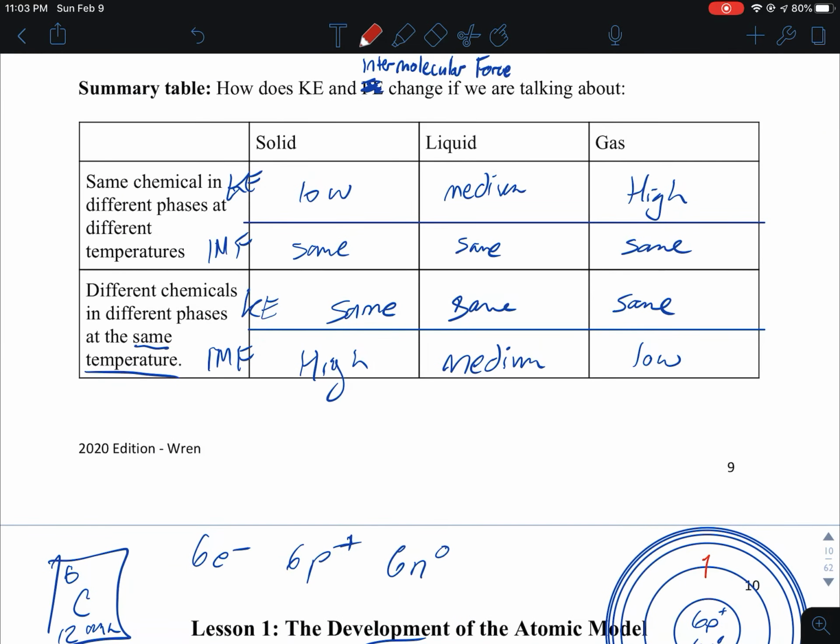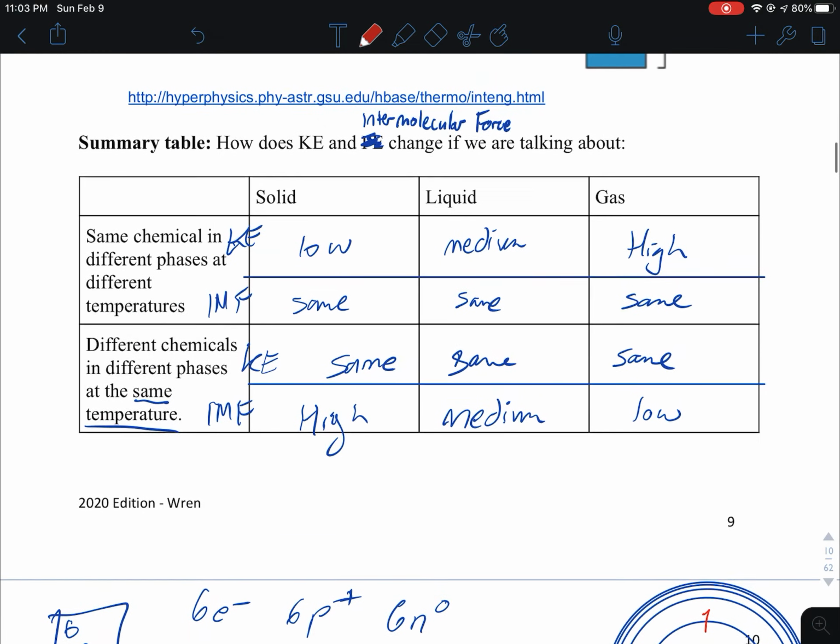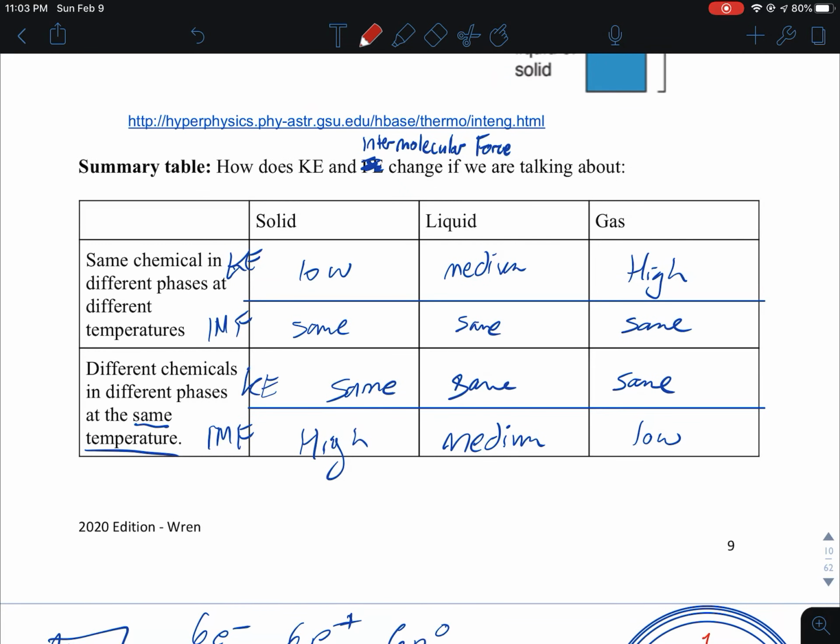And so that's what we concluded with last week. We said, same chemical, different phases: the kinetic energy will go from low to medium to high as you heat it up, but the intermolecular forces are actually the same in all cases because it's the same chemical.